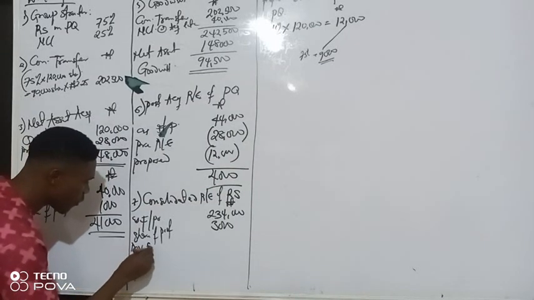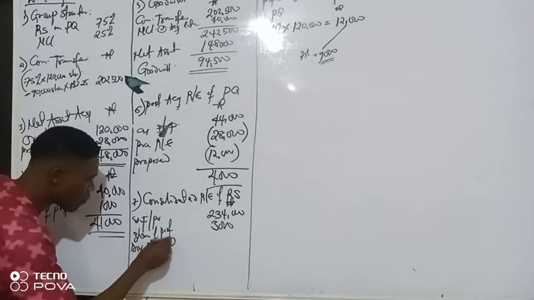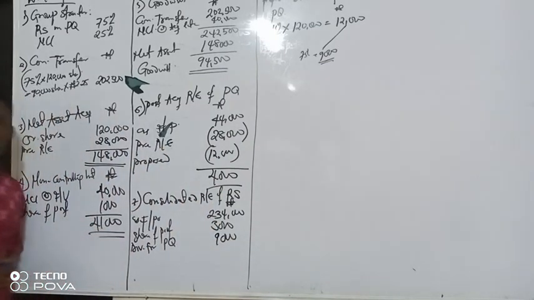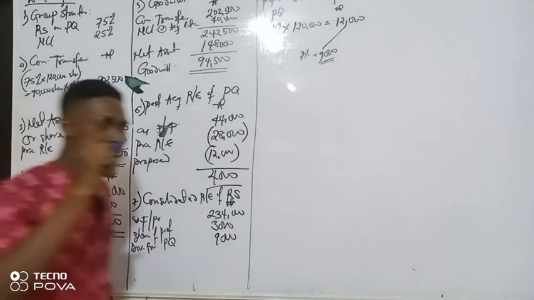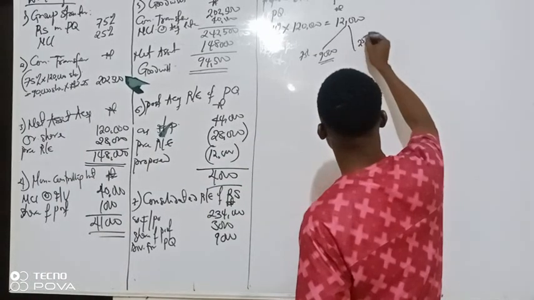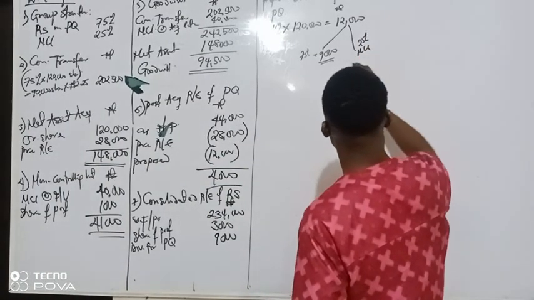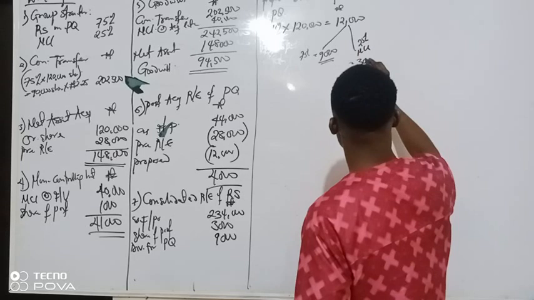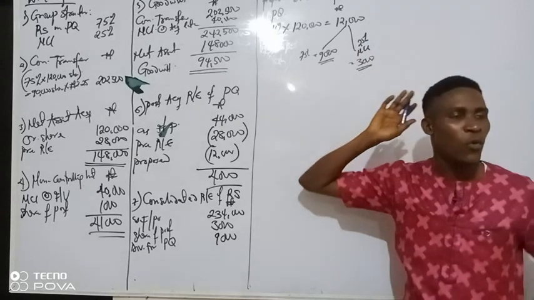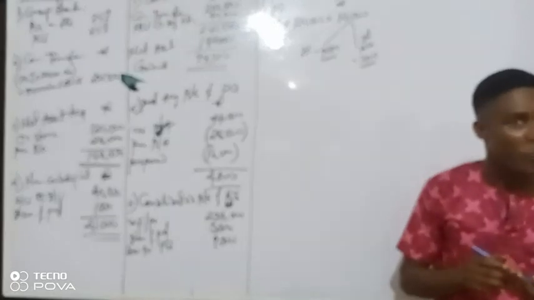Dividend from the subsidiary, dividend from PQ, 9,000. You add it to the parent's income. That's what I said last time. But remember, it has not been paid. Then the remaining 25% belongs to the NCI, 3,000. What do we do with this? Add it to payables.